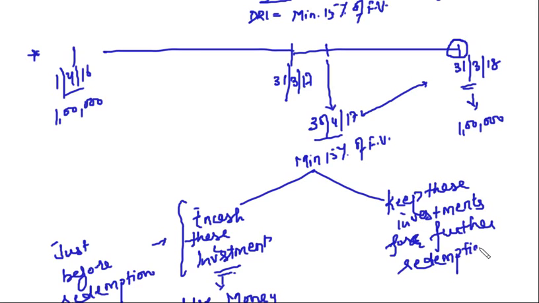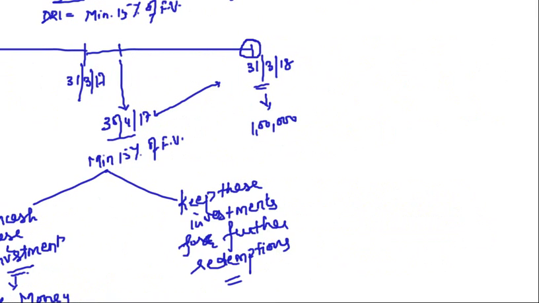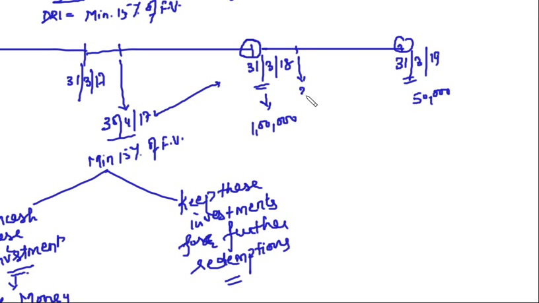If you have to redeem some other debentures after 31st of March 2018, say on 31st of March 19 you have to redeem 50,000 debentures, then for these you will have to create, on or before 30th April 18, investments to the extent of 15% of face value of debentures.